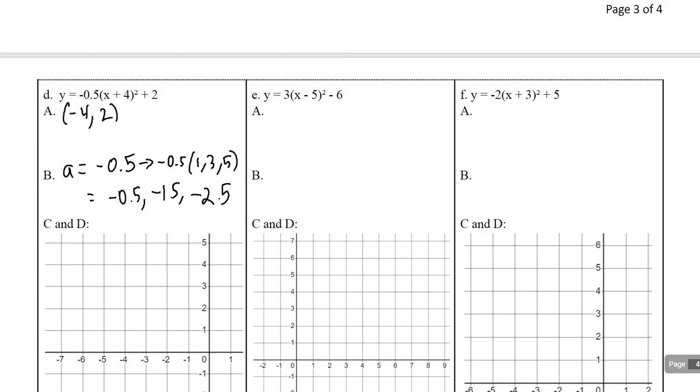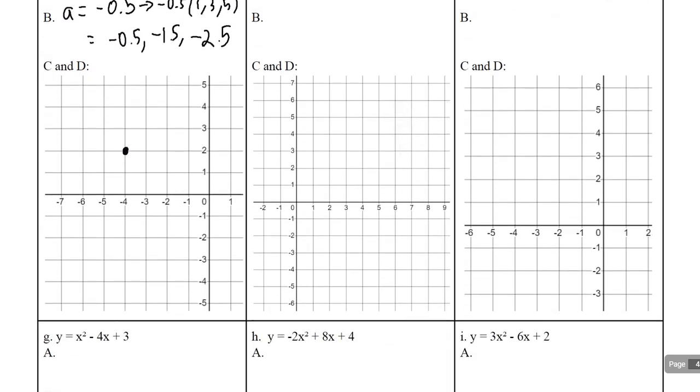So I start with my vertex at negative 4, 2, and then I go over 1, down 0.5, over 1, down 1.5, over 1, down 2.5. So minus 0.5, minus 1.5, minus 2.5. And I do that symmetrically as best I can. Okay, smooth curve.